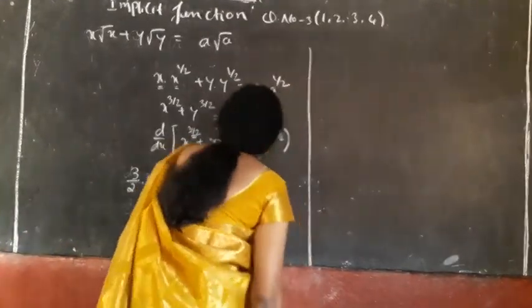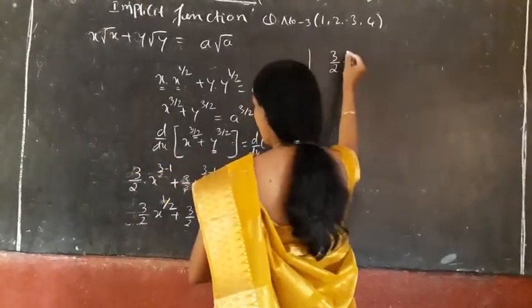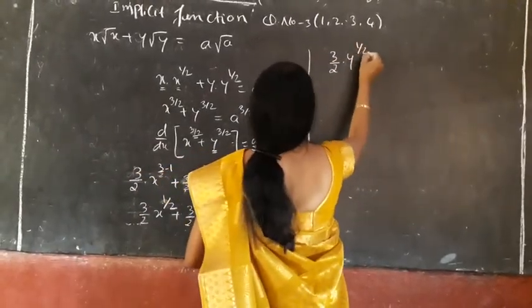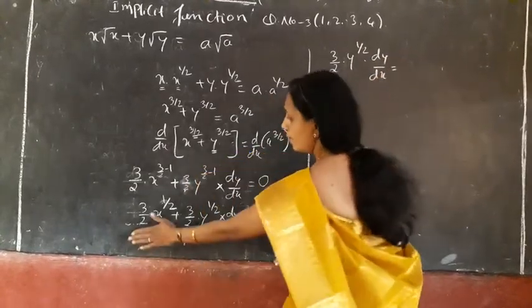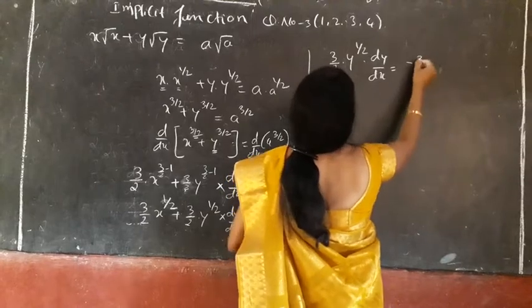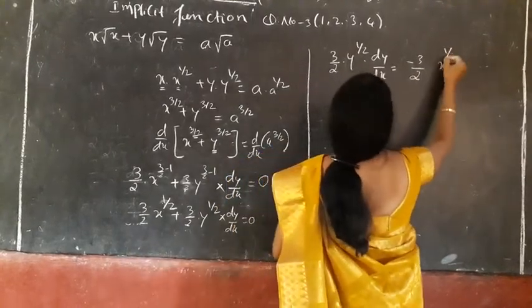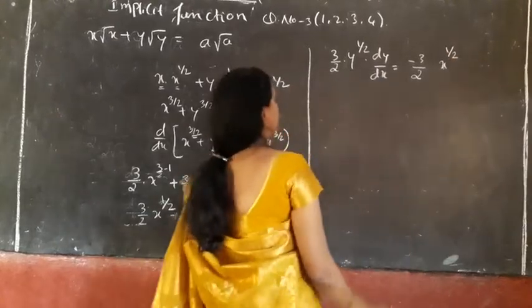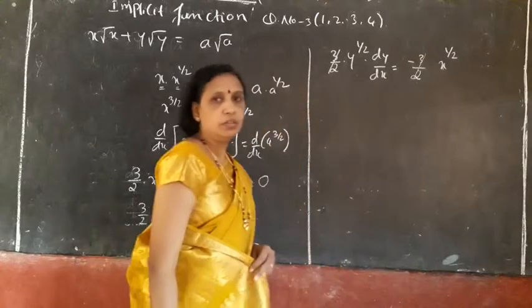Now write this equation as 3 upon 2 y raised to 1 upon 2 dy upon dx equal to, transferring this to RHS, minus 3 upon 2 x raised to 1 upon 2. Now on both sides we have 3 upon 2, cancel it.